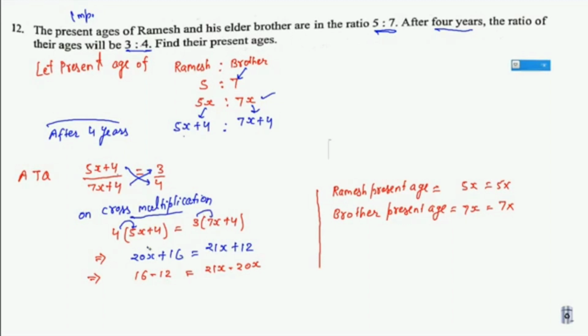This is 20x plus 16 is equal to 21x plus 12. We get that 4 is equal to x. So Ramesh present is 5x, that is 5 into 4. Brother present is 7 into 4. We got the answer.